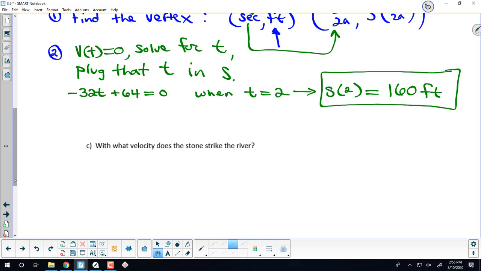Does anyone have any questions? Okay, what about part C? With what velocity does the stone strike the river? How are we going to figure that one out?